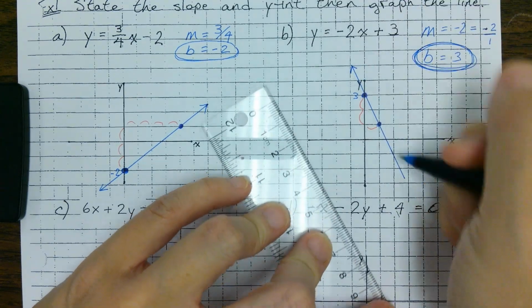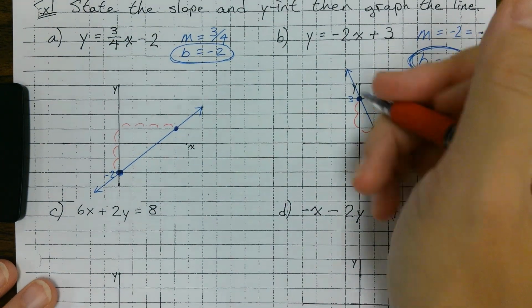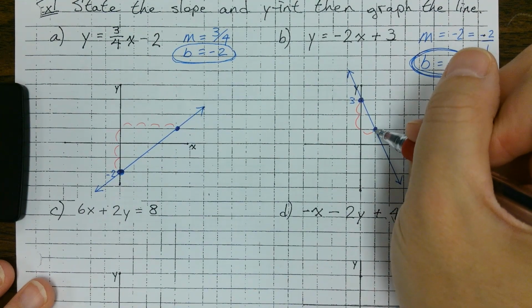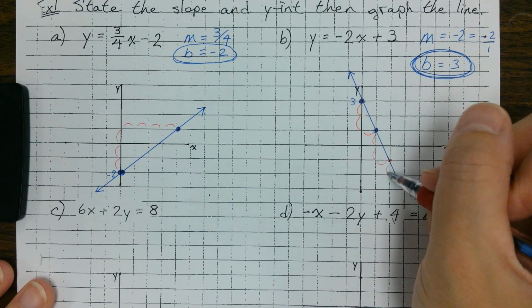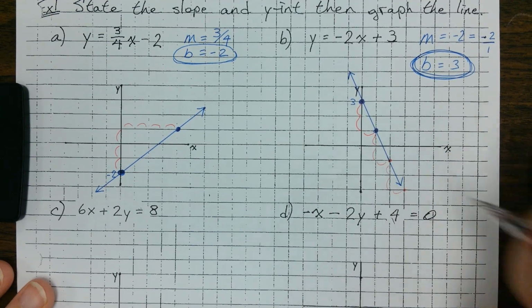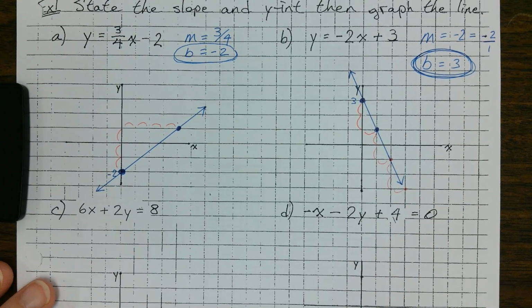Notice these 2 points are a little close. So if I wanted to, I could go from this point and go another 2 down and over 1, and then get another point. Another 2 down and over 1 and get another point. Remember, your slope is the same between every point.